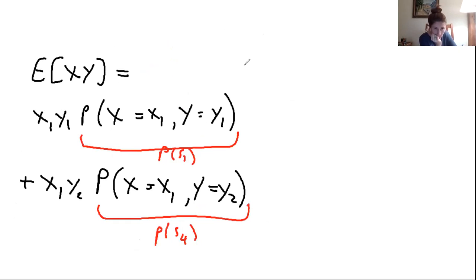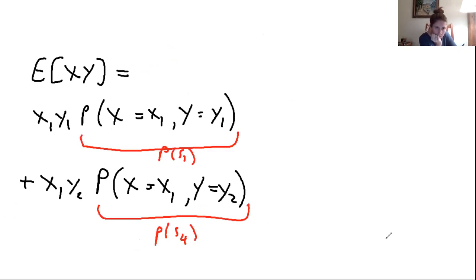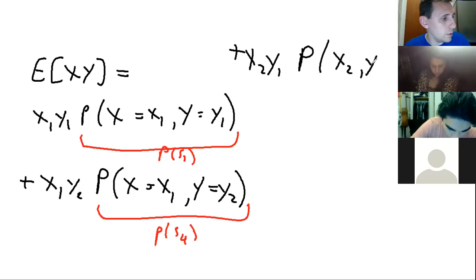Now do I have y3? I didn't say y3, so there is only y1, y2. Now I upgrade. Maybe it's now x2, y1. So then I ask, what's the probability of generating x2 and y1? I write a shorter version, I don't want to say x equal to x2, y equal to y1.